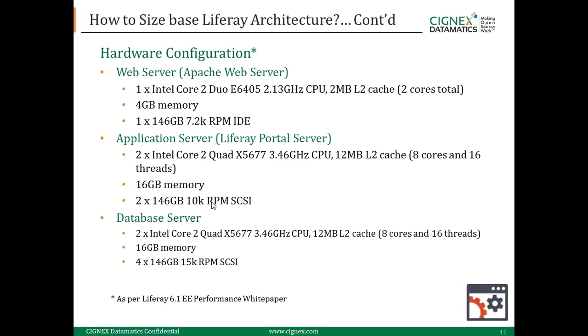For the application server, your Liferay portal server, we suggest 2 Intel Core 2 Quad servers for clustering with 16 GB of memory. And your database server can be 2 database servers, Intel Core 2 Quad with 16 GB of memory.